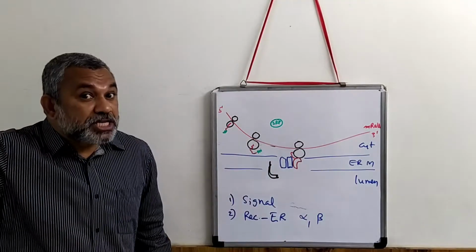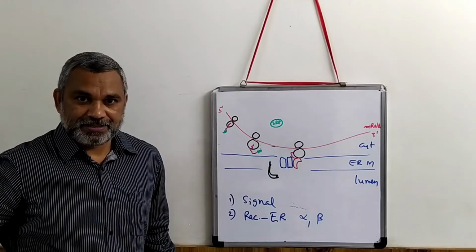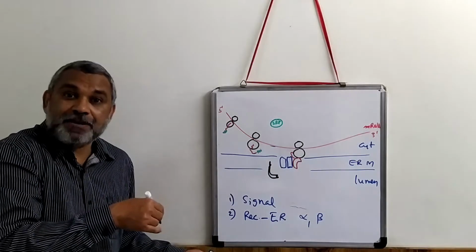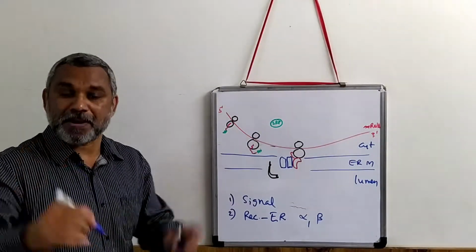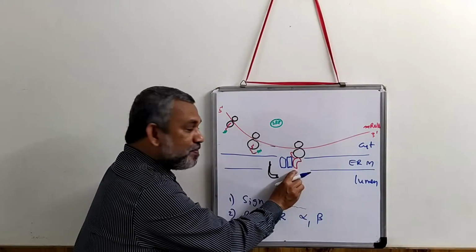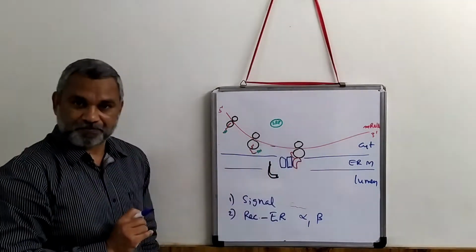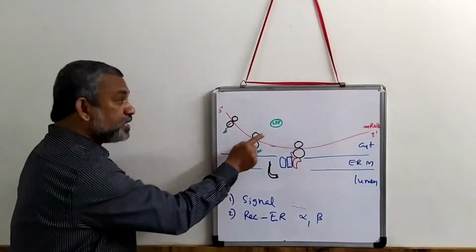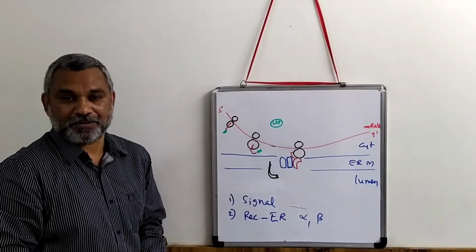The alpha chain is fully on the cytosolic side and the beta chain is binding to the alpha chain but embedded in the membrane. So we have shown here, this is the beta chain which is there in the membrane and this is the alpha chain. So this is the basic structure and these are the two properties of the SRP protein.